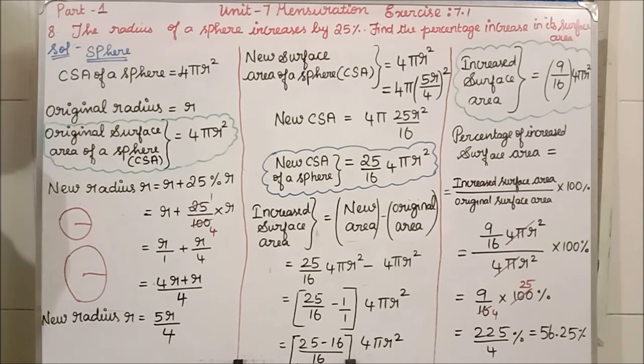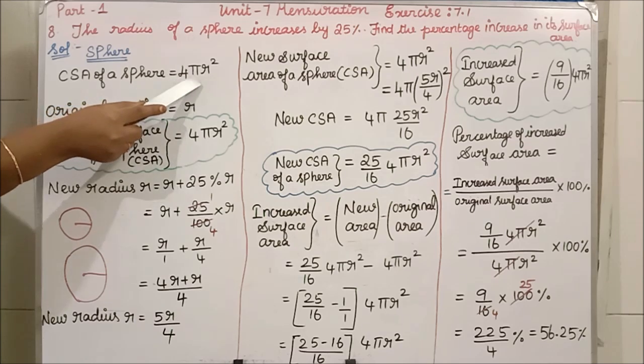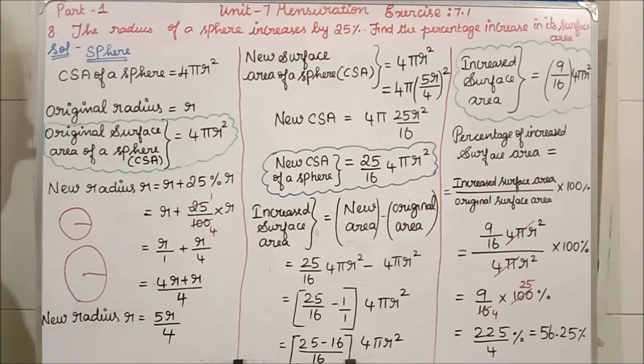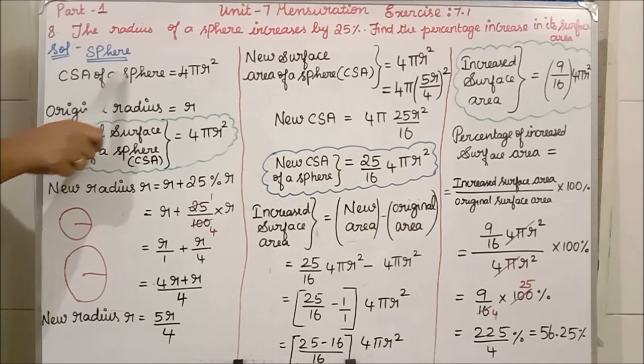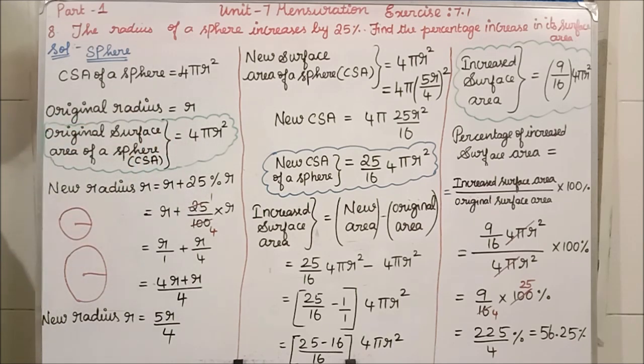And what are we talking about? Sphere. The CSA of a sphere formula is 4 pi r square. Since we are talking here about surface area, we have to take the curved surface area. The curved surface area of a sphere is 4 pi r square, we know the formula. Before increasing the radius, what will be your radius? Just r here, isn't it? So the original radius is r.